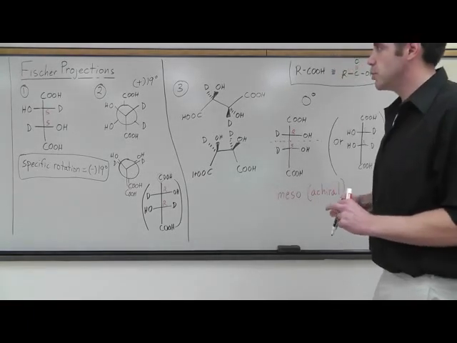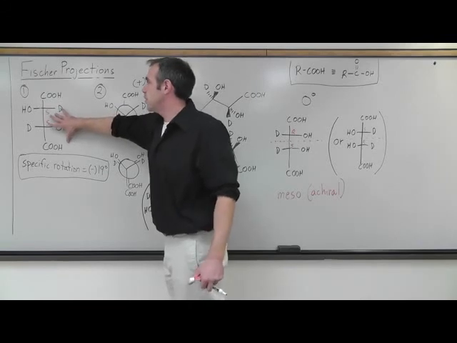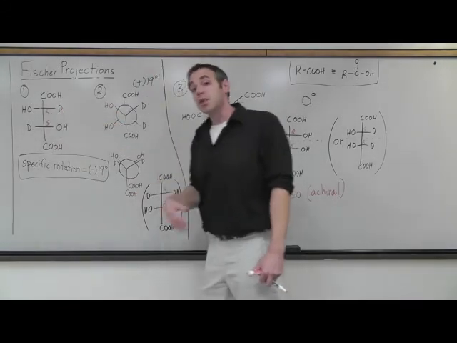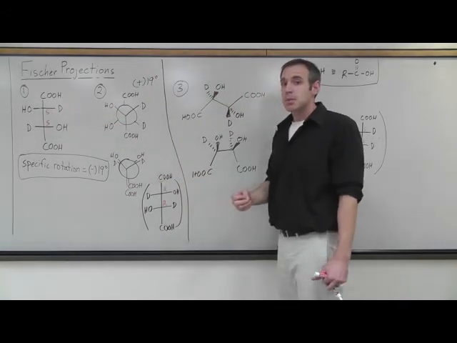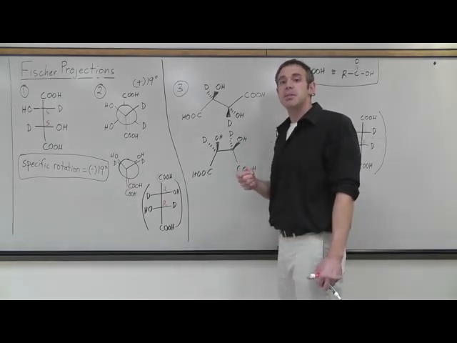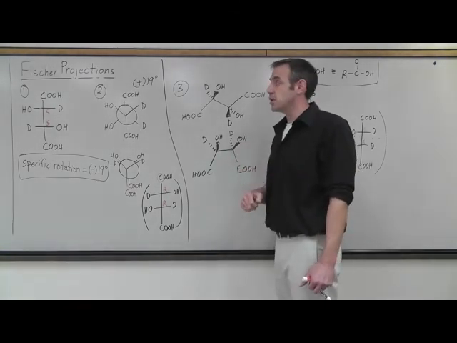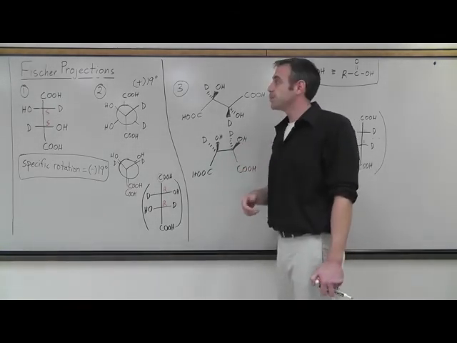The last question is, what would you get if you had a 50-50 mixture of 1 and 2? First of all, what is that called? Well, it's called a racemic mixture. Anytime you have an exactly 50-50 mixture, percentage-wise, of two enantiomers of each other, that's called a racemic mixture.